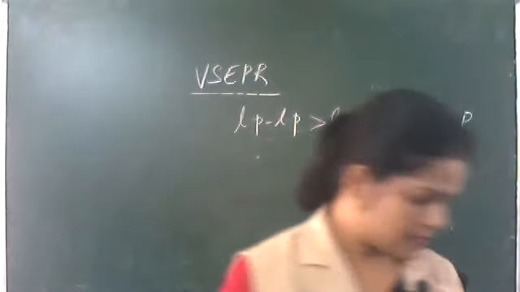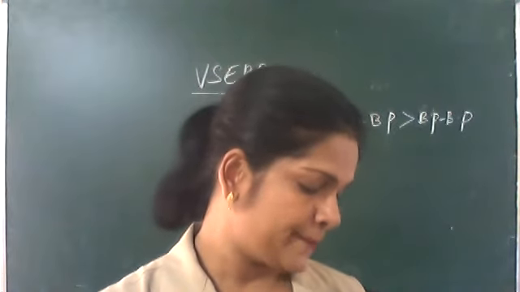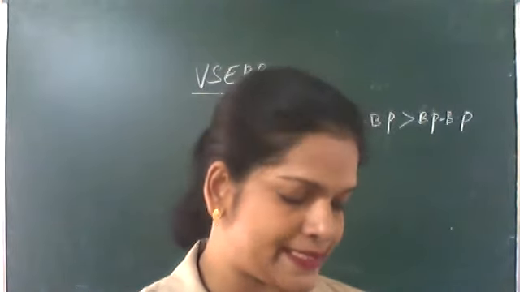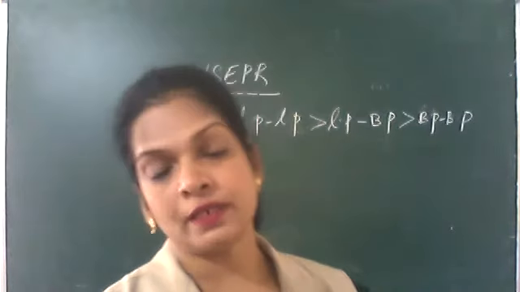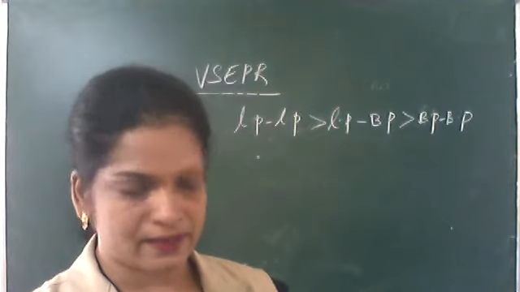Next point. After repulsion, the electron pairs achieve definite positions. Only covalent bonds are directional.